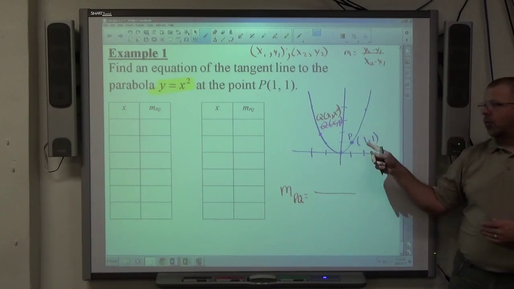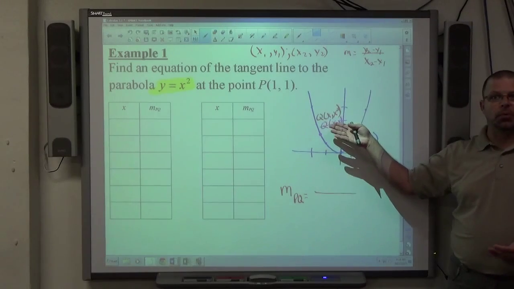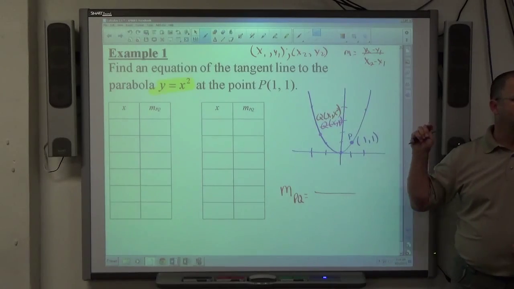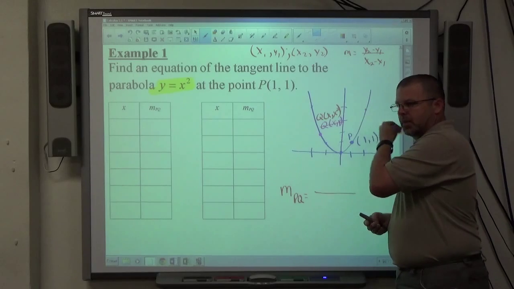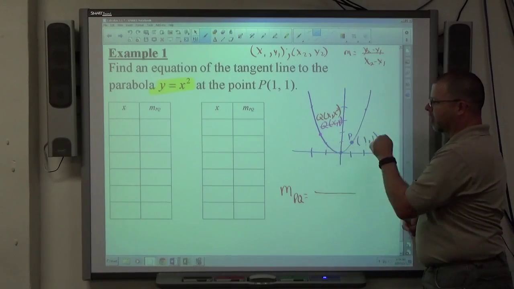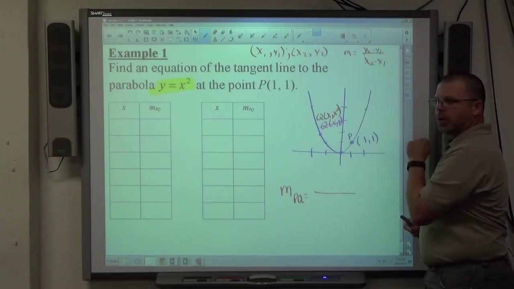So again, I only have 1 point for real, but this second point, Q, represents points on the curve. If I know what x equals, I square it, that's a point on the curve, right? So x comma x squared represents how these points come out. For example, if x is -1, -1, 1 is a point on the curve. -2, 4, that's a point on the curve. +2, 4, that's a point on the curve.